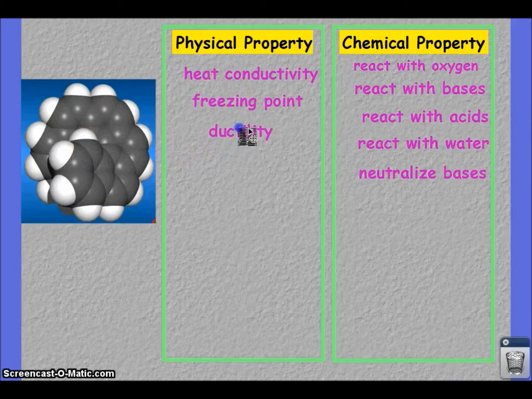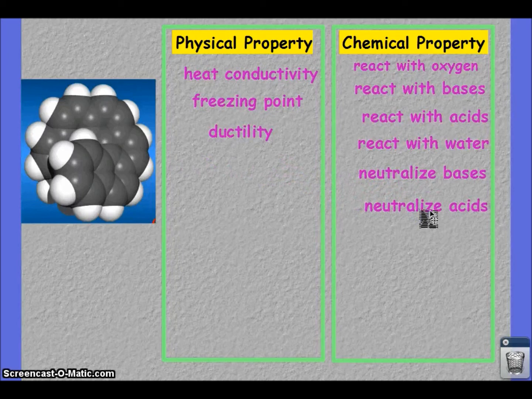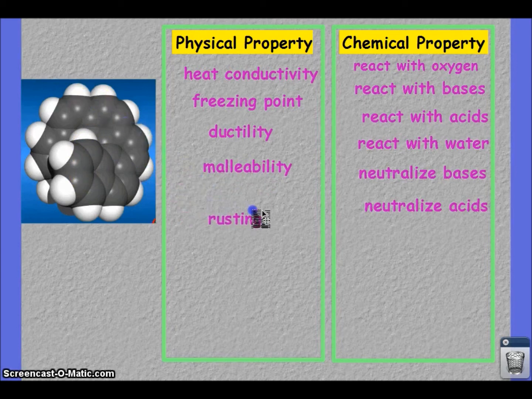Ductility, ability to pull into a wire, it is a physical property. Neutralize acid, it is a chemical property. Let's see if we can find more. Malleability is physical. Ability to hammer into a thin layer. Rusting is chemical. So when iron reacts with oxygen from the air, it will produce rust.